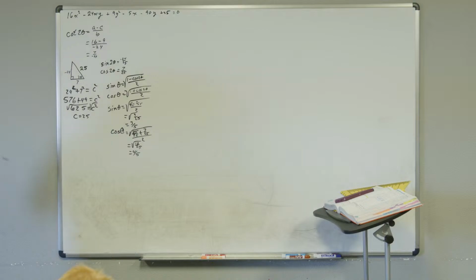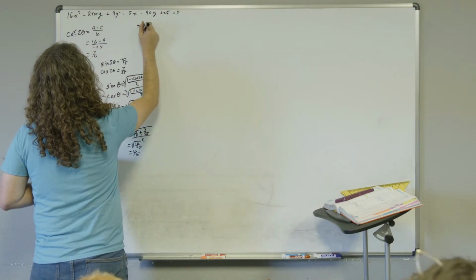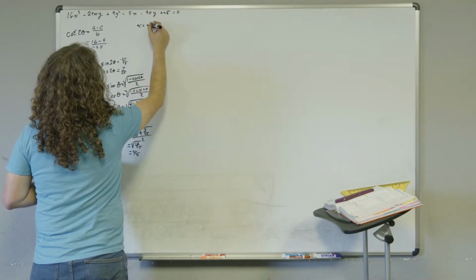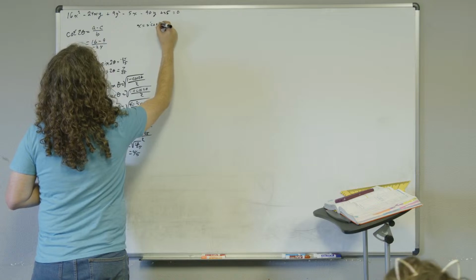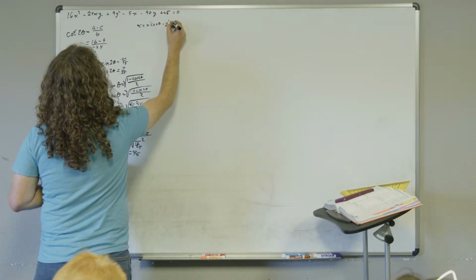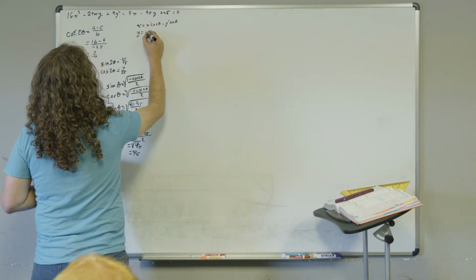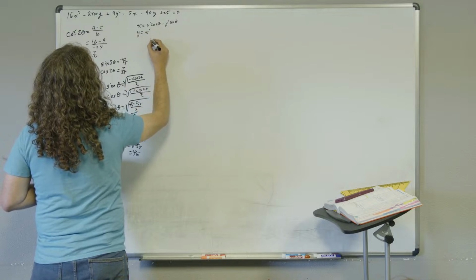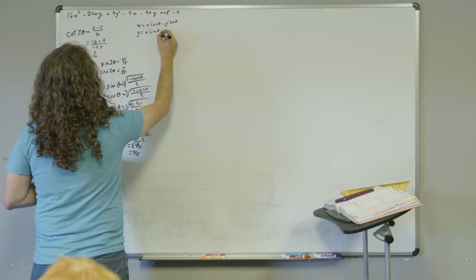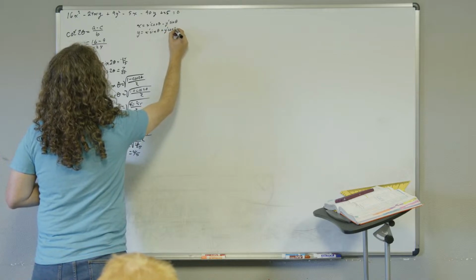Okay, now we need x equals x prime times cosine theta minus y prime sine theta, y equals x prime times the sine of theta plus y prime times the cosine of theta.